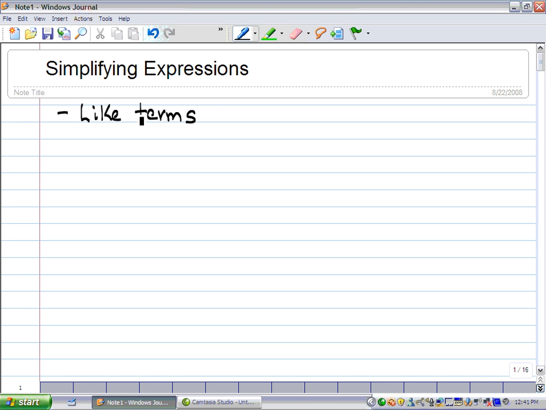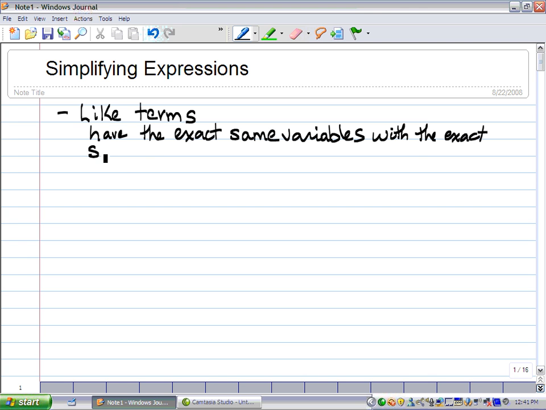Like terms have the exact same variables with the exact same exponents. They do not have to be in the same order.